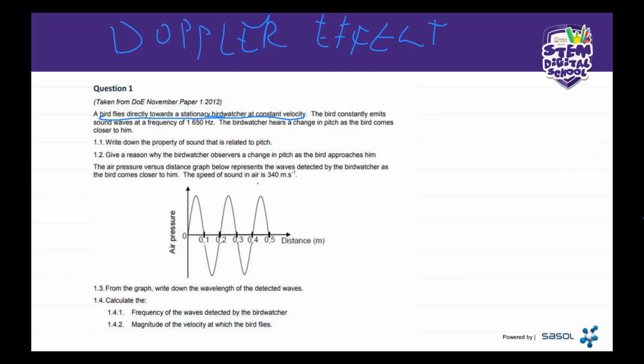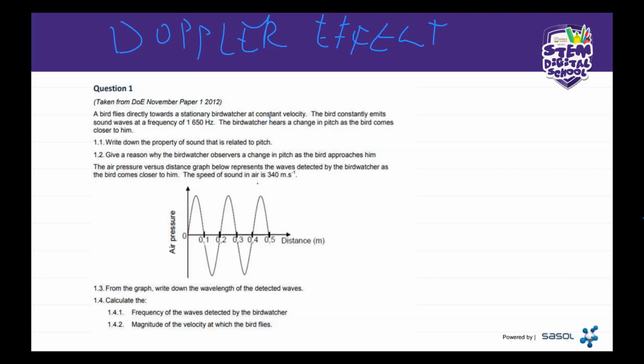Okay, so the bird constantly emits sound at a frequency of 1650 hertz. It says a bird watcher hears a change in pitch as the bird comes closer to him. The listener is the person that's standing, so they have a velocity of 0 because they are not moving.